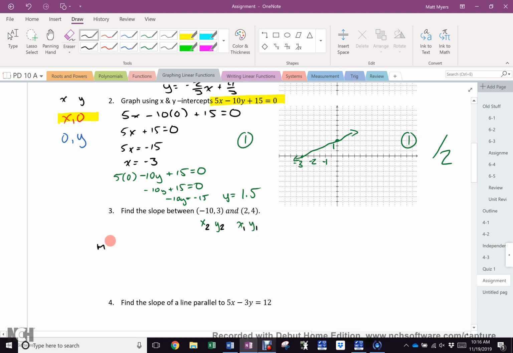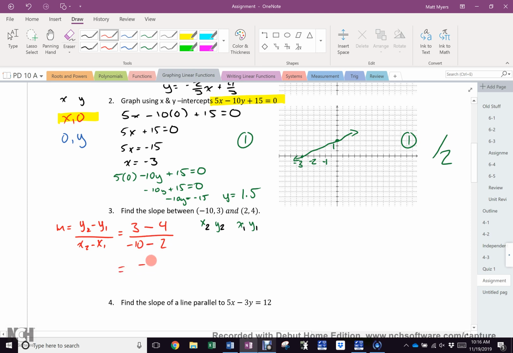And then you write it out, because if you write it out, you cannot do it wrong. No matter how many times I tell you this, you kids still refuse to write it out. y2 is 3. 3 minus y1, 4, over x2, negative 10, minus x1, 2.